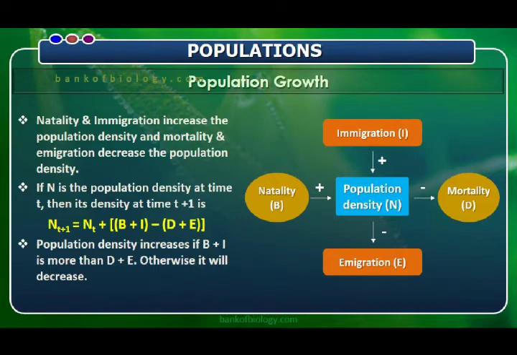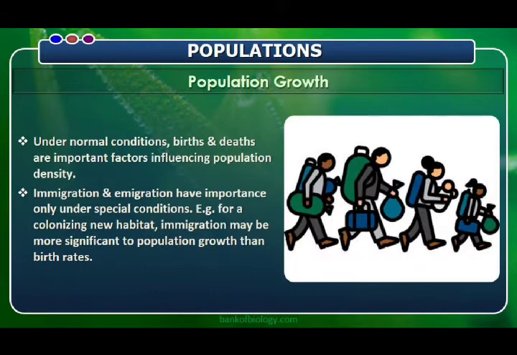Now, population growth. Under normal conditions, birth rate and death rate are the important factors influencing population density. Immigration and emigration have importance only under special conditions, that is for colonizing a new habitat.